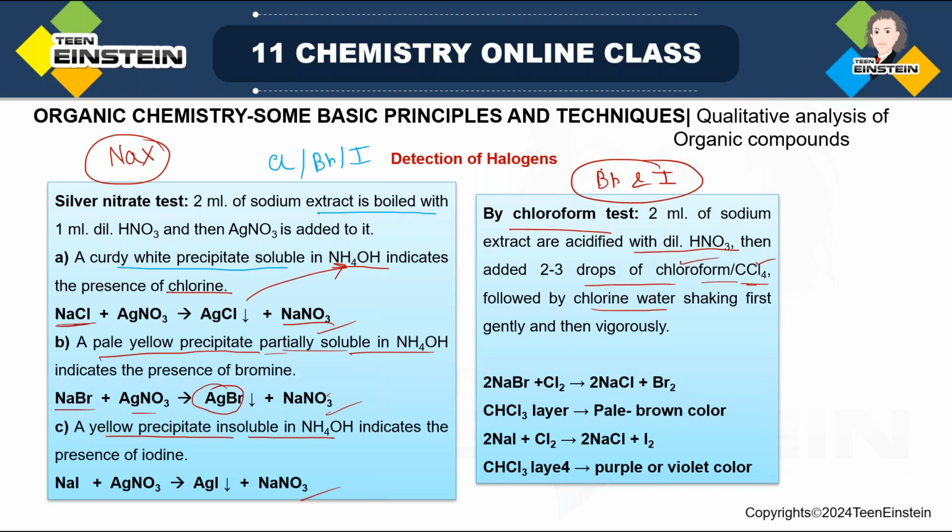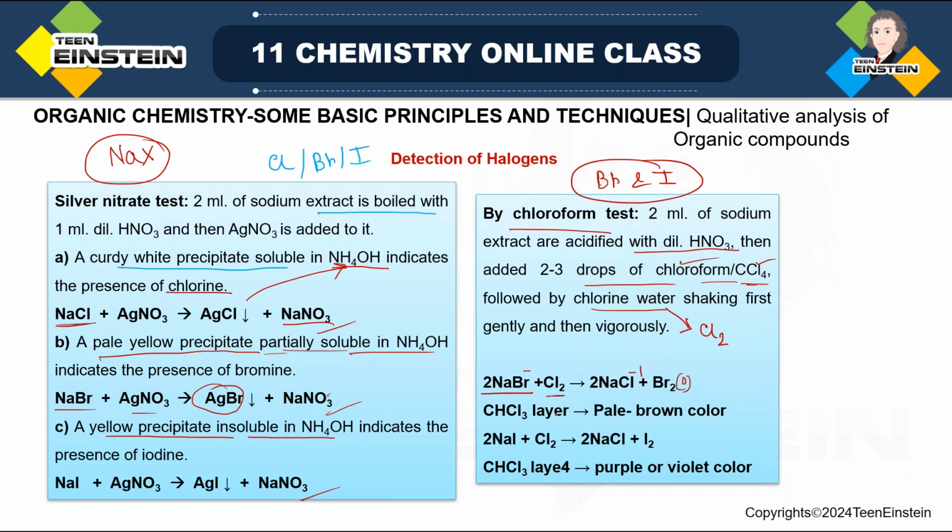So if you already know that Br or I is present, and you want to confirm it again, then you can do this test. Here, the chlorine water is used as an oxidizing agent. Suppose in the medium you already have NaBr, this chlorine will oxidize Br minus to Br0 and itself will be converted to Cl minus.